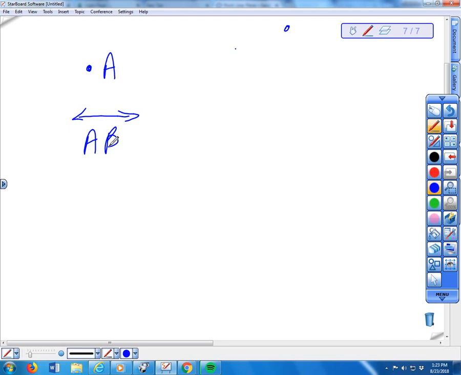That tells me it's a line that goes through the point A and the point B. Or if I've got this line going through points A and B, I could always call it line L as an alternative. When I call lines by one letter, that letter has to be lowercase and italicized, like cursive. So one way I can call this line is line L. Another way I can call it is line AB, because it takes 2 points to define the line.